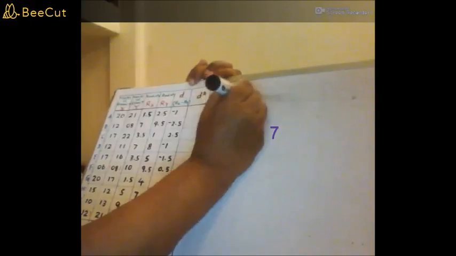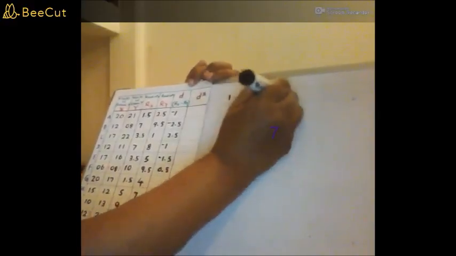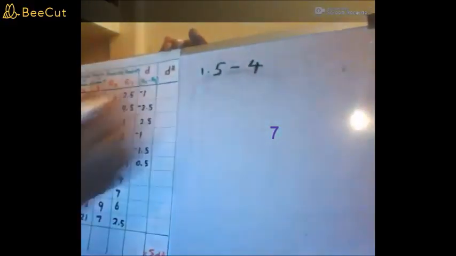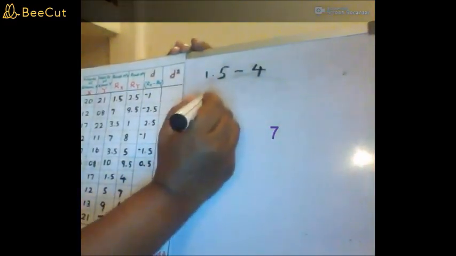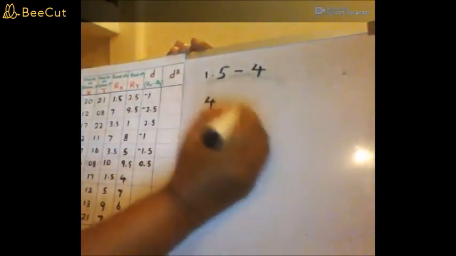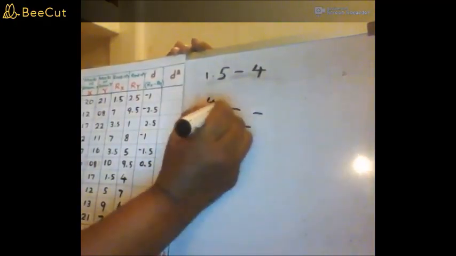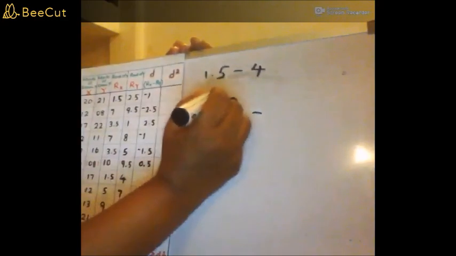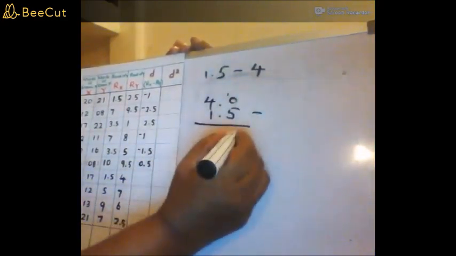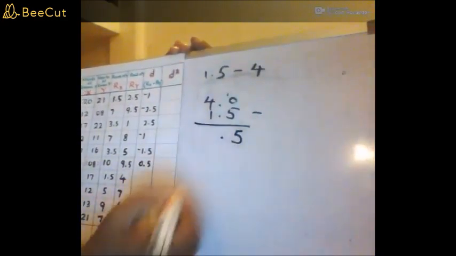1.5 minus 4. Once again, this one is large. So 4 minus 1.5. Here put 0. Then take 1. 10 minus 5, 5 decimal.